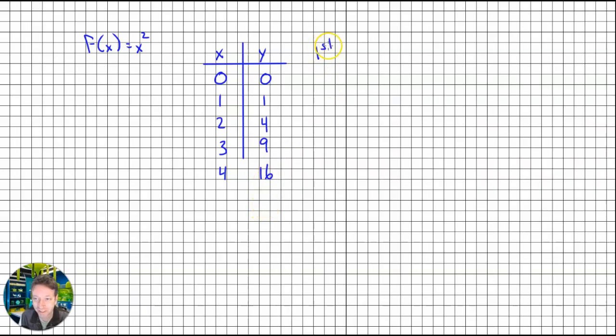So our first differences don't help us a whole lot, as the difference between 0 and 1 is 1. The difference between 1 and 4 is 3. The difference between 4 and 9 is 5. And the difference between 9 and 16 is 7. So that doesn't help us too much.